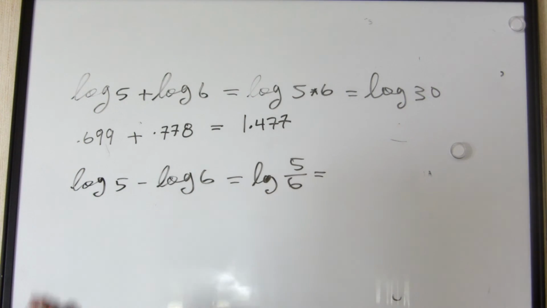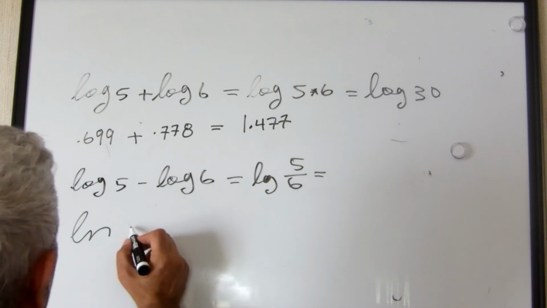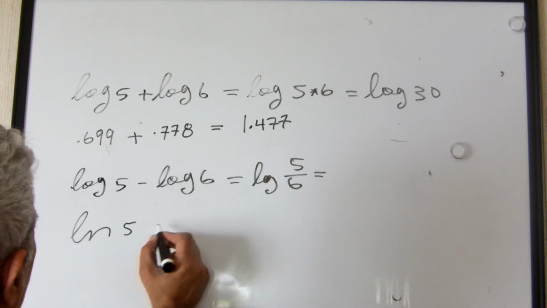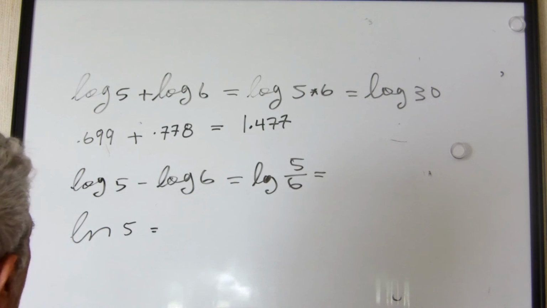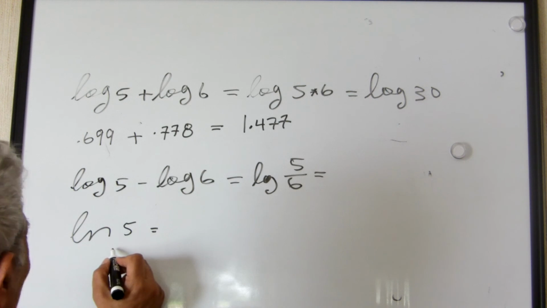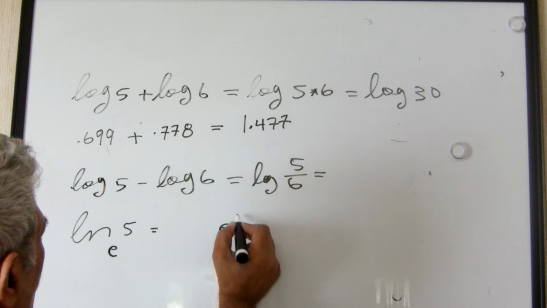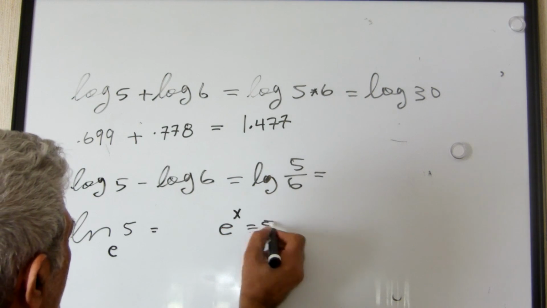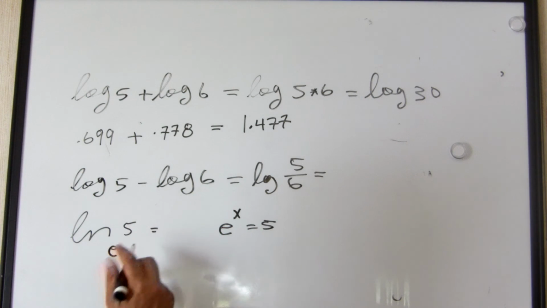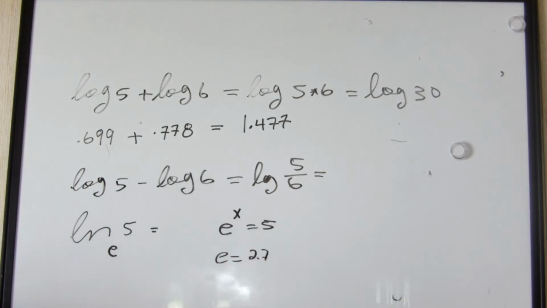You know, we talk about natural logarithm. Natural logarithm, like natural logarithm of 5, what does that mean? Actually in natural logarithm, the base, which we don't write, is e. E to the power of x is going to be 5. E is equal to 2.7 something.